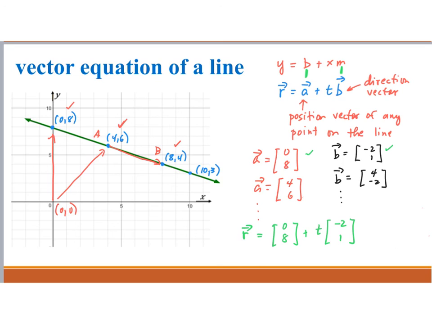By the way, because R is a vector, it has an X component and a Y component, so you could also write this as XY equals 0, 8 plus T negative 2, 1. And again, that's just one possibility.